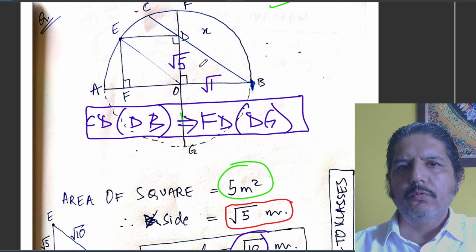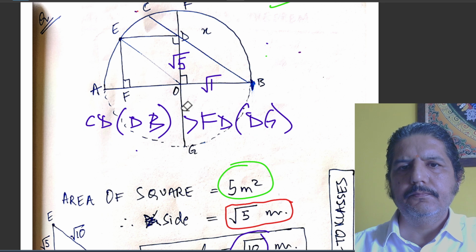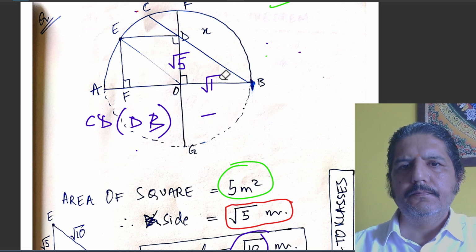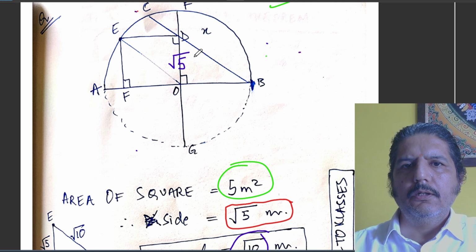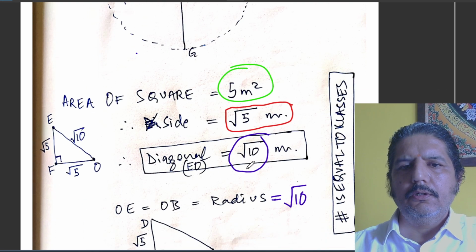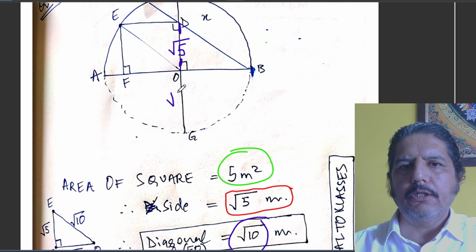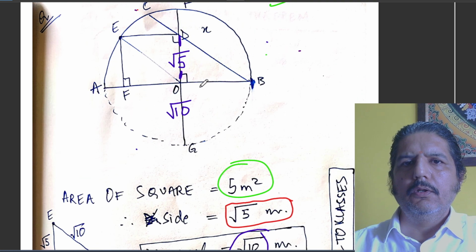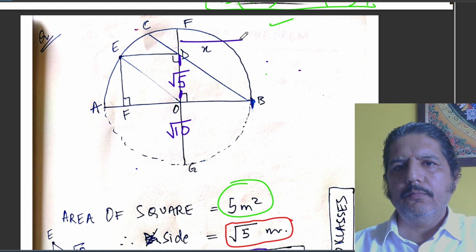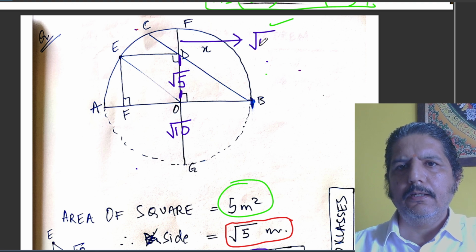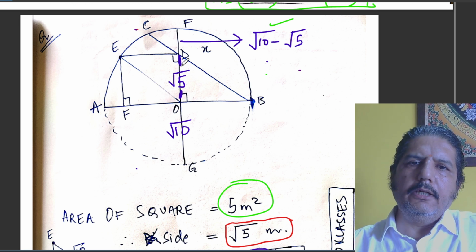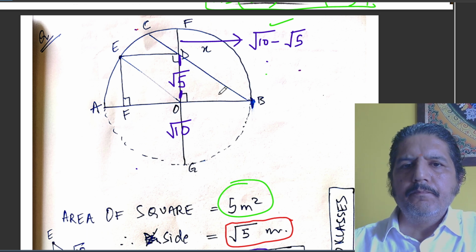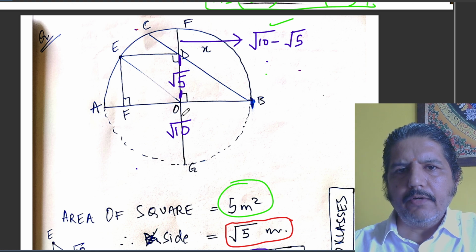This is root 5. This part is root 5. So my FD would be equal to root 10 minus root 5, multiplied by root 5 plus root 10.